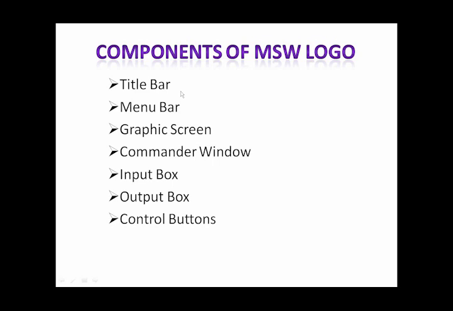The very first part is the title bar, next is the menu bar, we have the graphics screen, the commander window, the input box, the output box, and the control buttons. These are some of the components that are associated with this language. We will see each one of them in the very next slide.